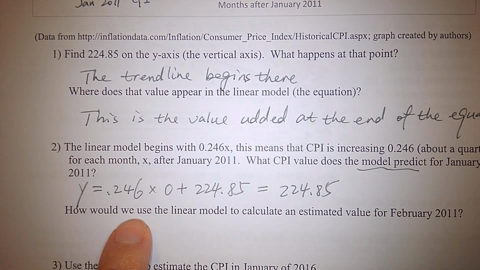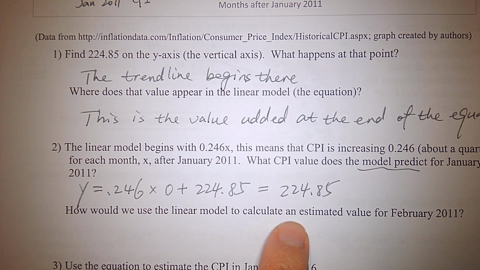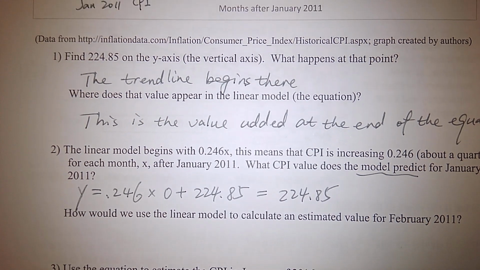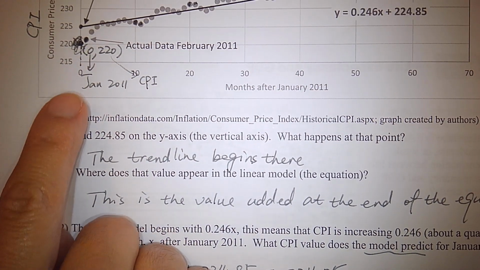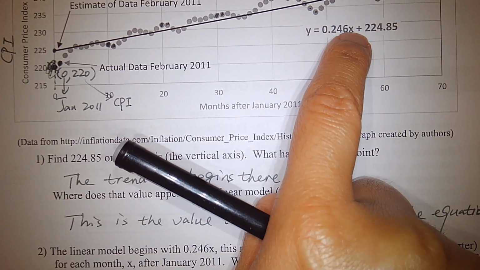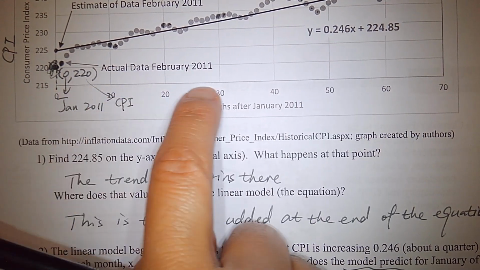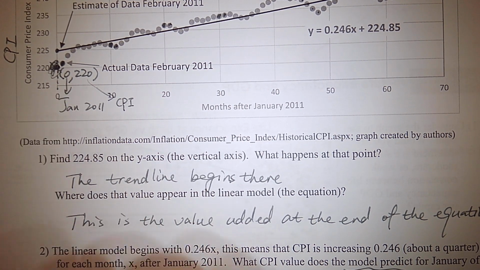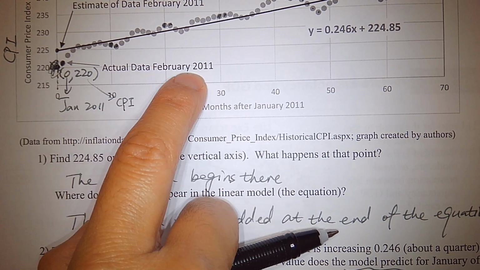How would we use a linear model to calculate an estimated value for February 2011? February 2011 is 1 month after January 2011. When x equals 0, that's January 2011. When x equals 1, it is February 2011.